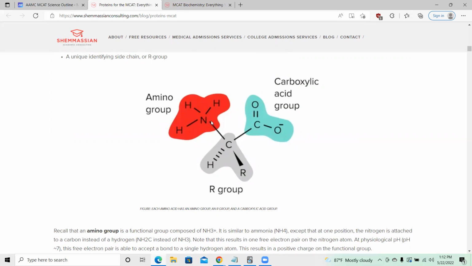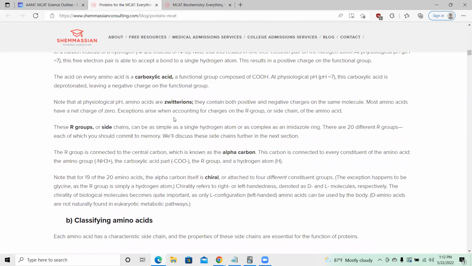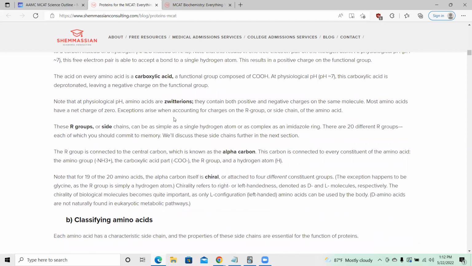If it's an NH3, then it's an NH3 plus. And this O has 1, 2, 3, 4, 5, 6, 7 valence electrons, so it's a negative. But because there's a plus here and a minus here, the overall amino acid is neutral. And that's what we call a zwitterion. And this gives us a lot of implications for how they can behave in our bodies.